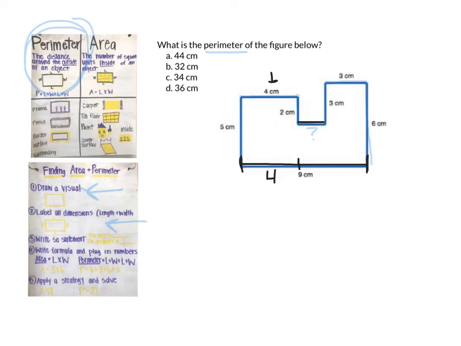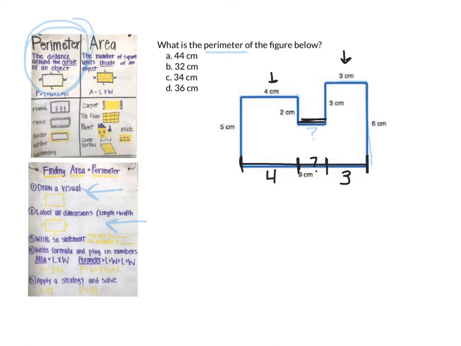I also know that this length here is 3. So again, from here to about here is 3 centimeters. So then my missing length here is going to be the same length as this one.